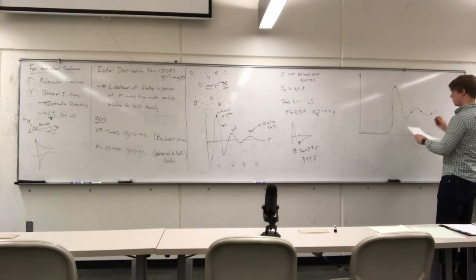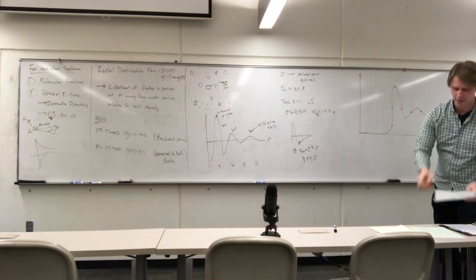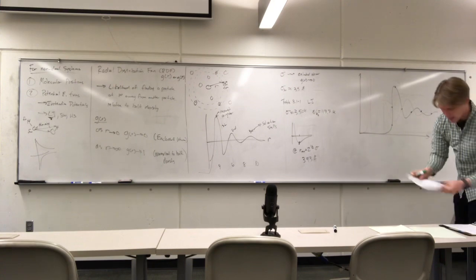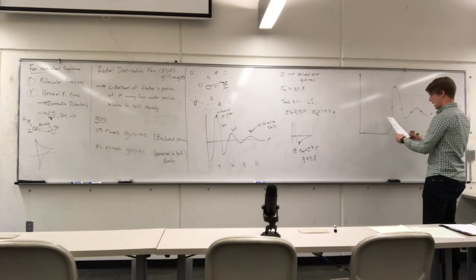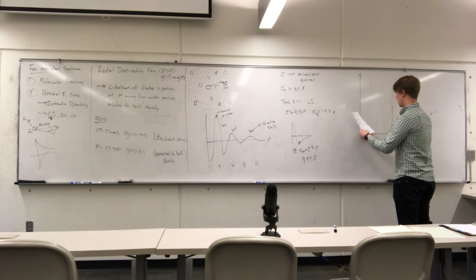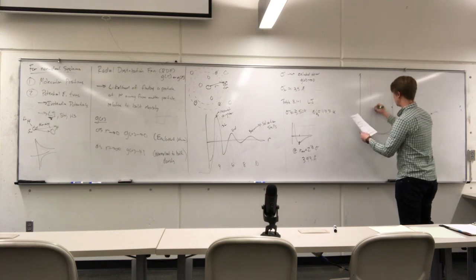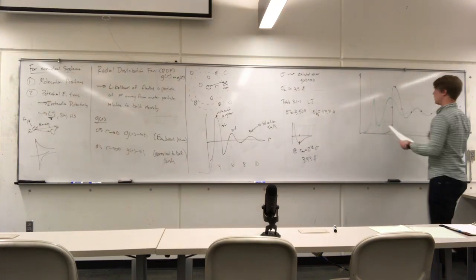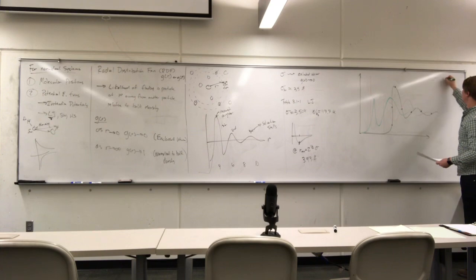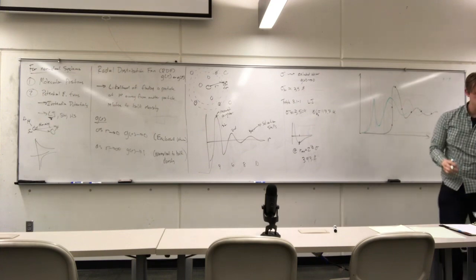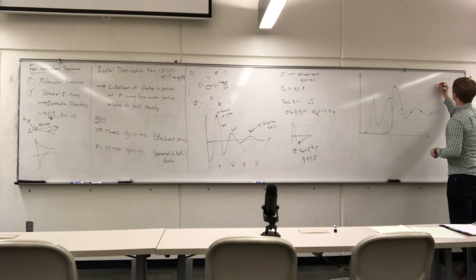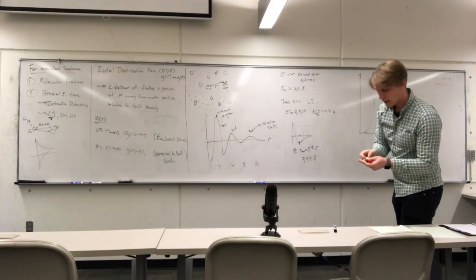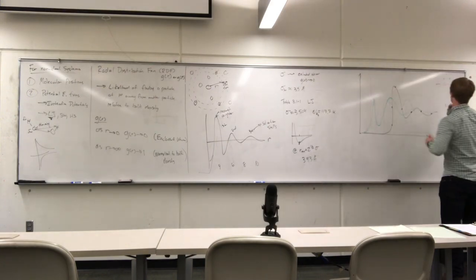And then the last one is the hydrogen-hydrogen line. Okay, so green is our hydrogen-hydrogen, red is our oxygen-hydrogen, and black is our oxygen-oxygen.